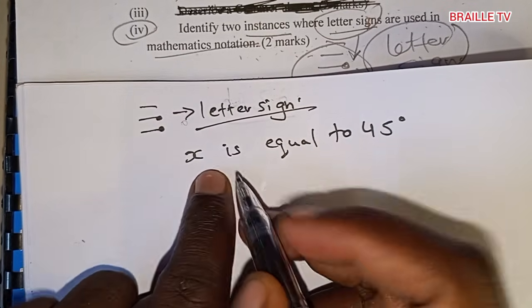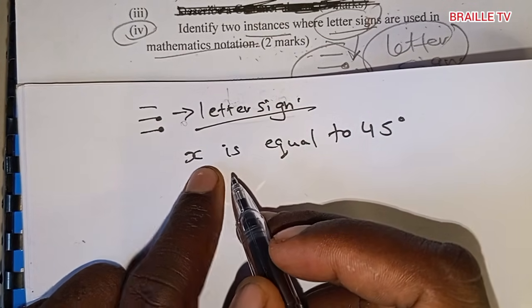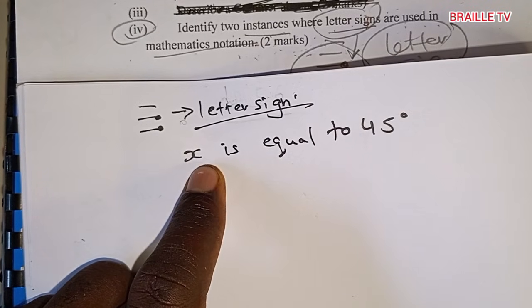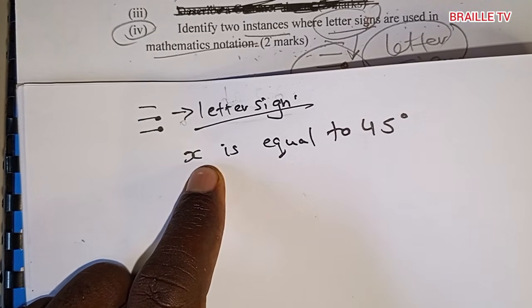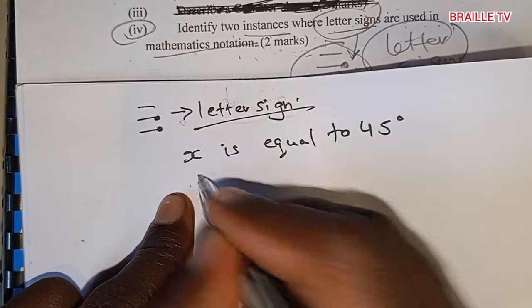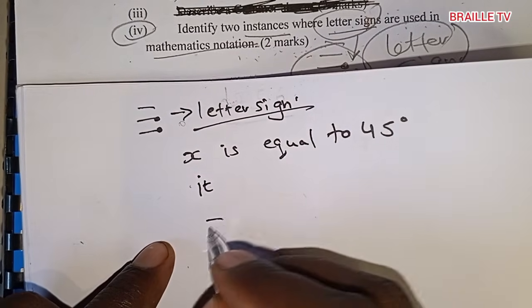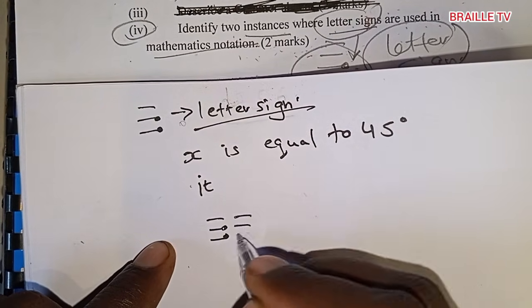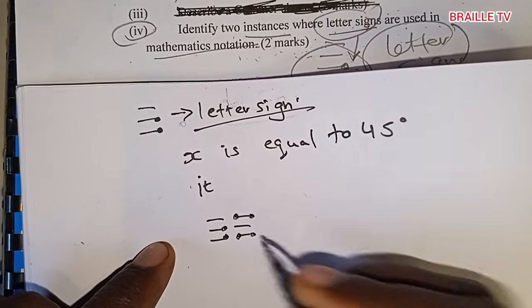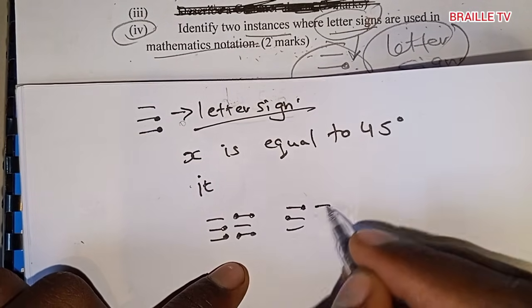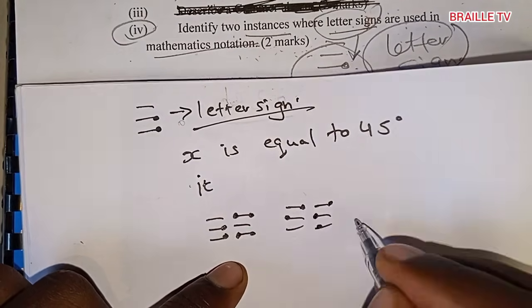And I told you, X in this case, when we looked at simple upper word signs, we said X standalone means it. Now, if you want to say X is equal to 45, you just put the letter sign here, X, then you write is, and continue.